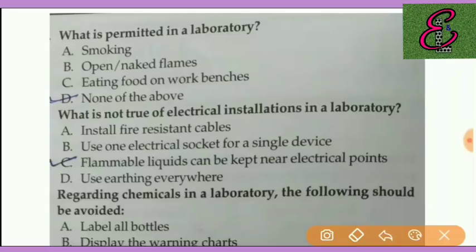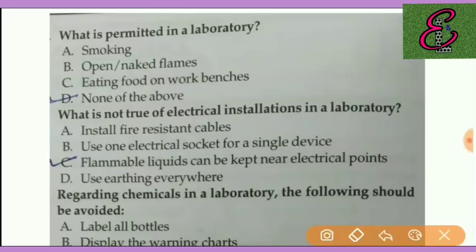Here all three options are not permitted. Smoking is not permitted. Open flames are not permitted in the laboratory. Eating food on workbenches is not permitted in the laboratory.